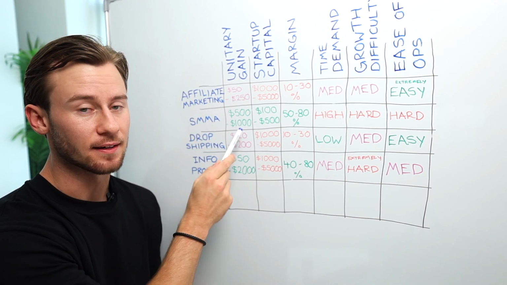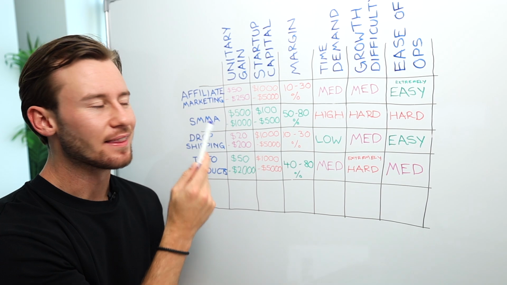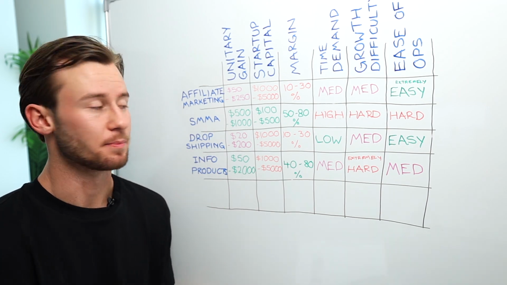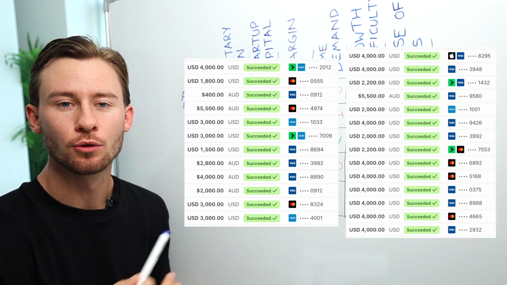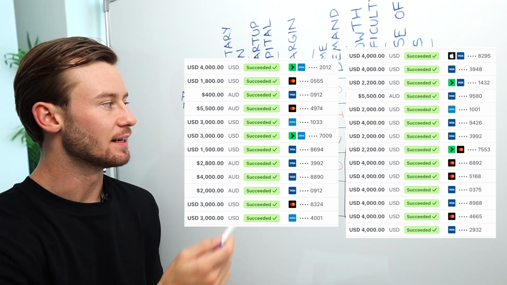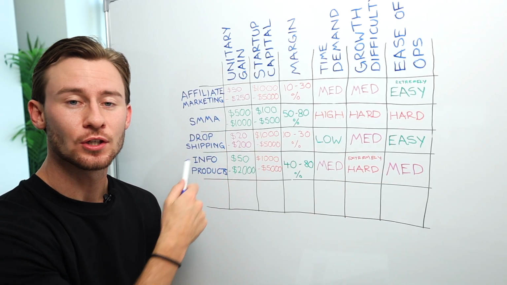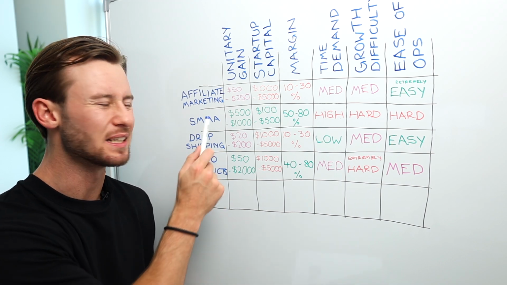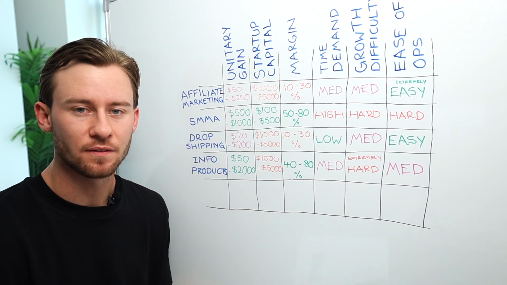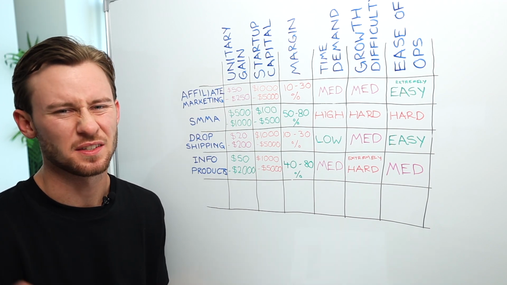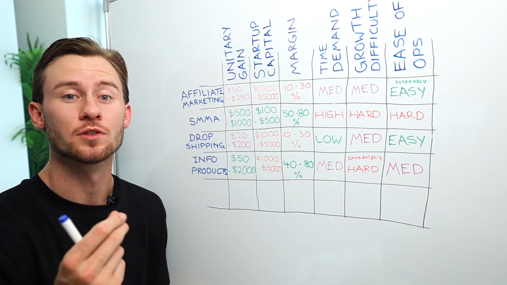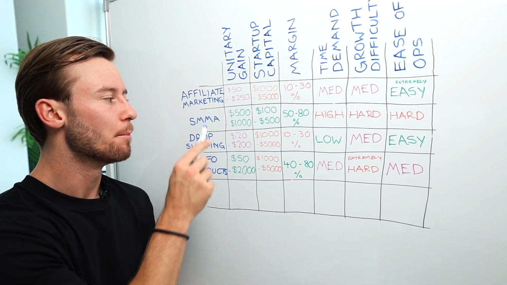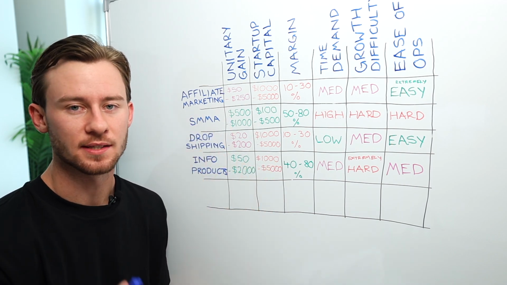The unitary gain, 500 to 1,000. Now this is an undershot from my experience. I've got clients to pay 2, 3, 4, 5K before. And with agency services, you can justify it because you're delivering a results-driven service. That's the big difference there. Not a convenience offer, something that's just nice for someone to pay you for, but a genuine results-driven service, something that pays the client more because they work with you.